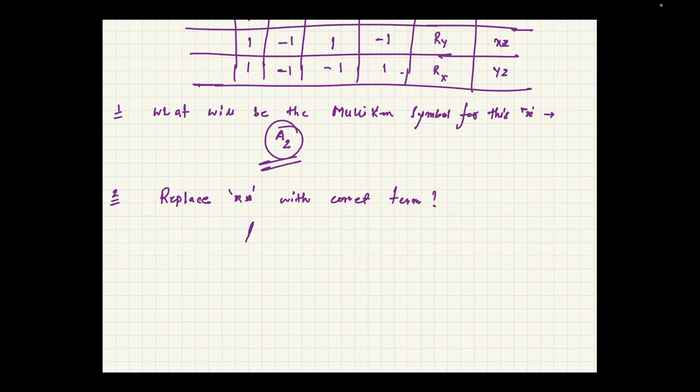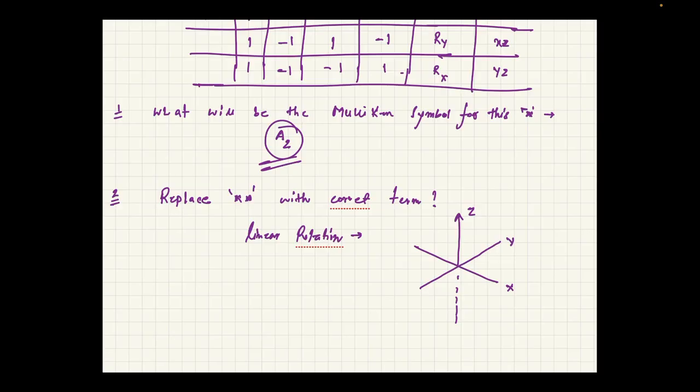A linear rotation means rotation along a particular axis. Let's say this is a two-dimensional plane, this is x and this is y, and this is the z axis. Now Rx, Ry, Rz mean rotation along that particular axis. So Rz means rotation along the z axis, Rx means rotation along the x axis, Ry means rotation along the y axis.